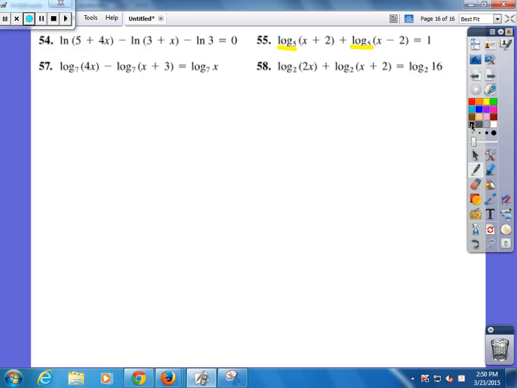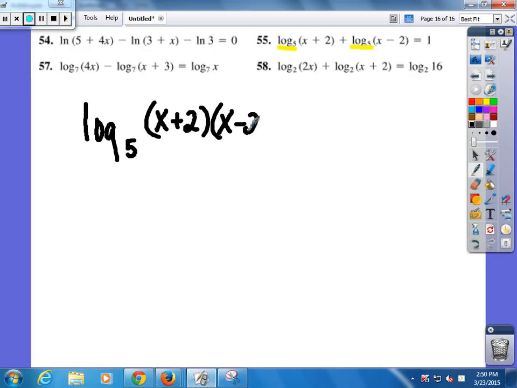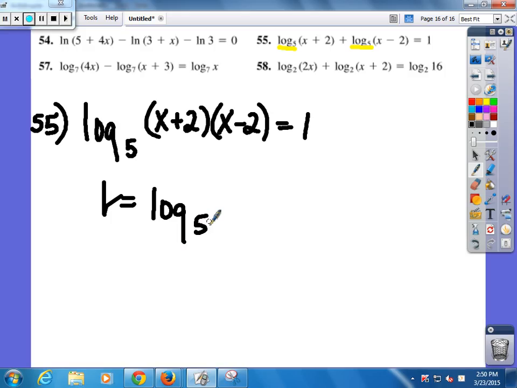So that means that we can rewrite that as log base 5 of x plus 2 times x minus 2 is equal to 1. And that looks like to me you can rewrite it as 1 is equal to log base 5 of x plus 2 times x minus 2.